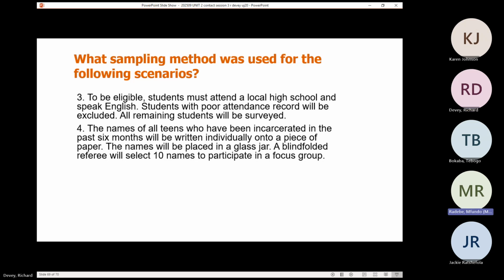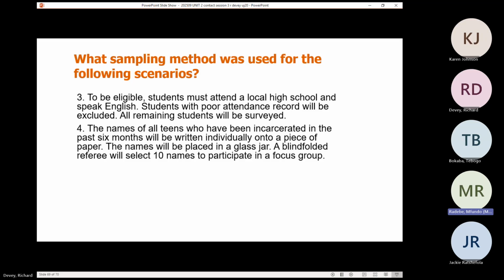Okay. The one that says to be eligible, student must attend a local high school and speak English. Student with poor attendance record will be excluded. All remaining students will be surveyed.